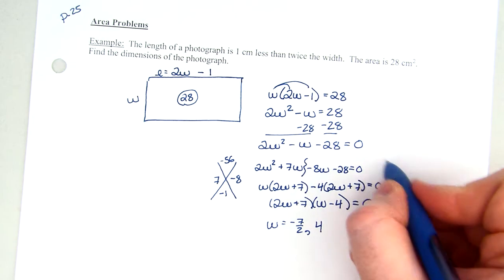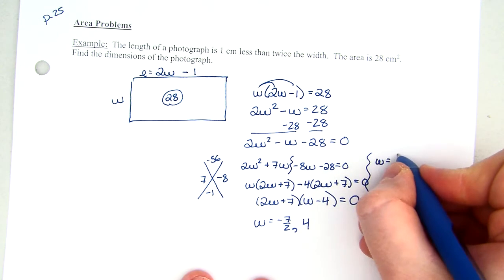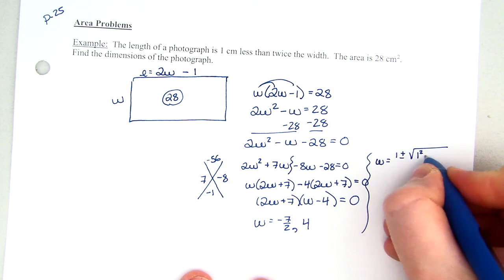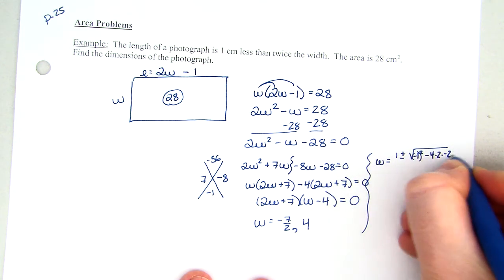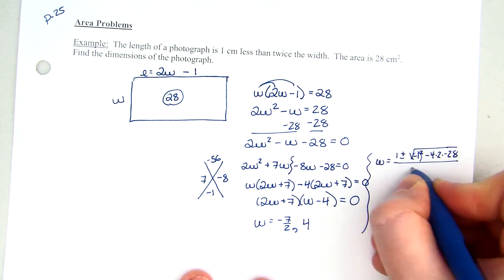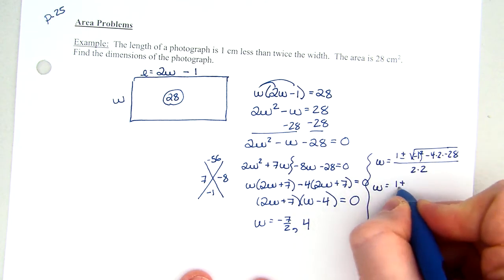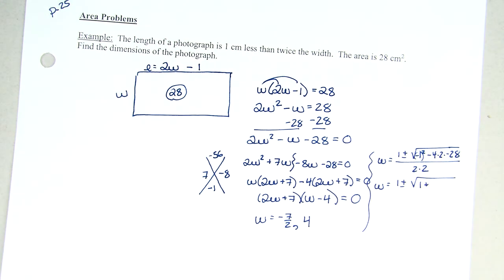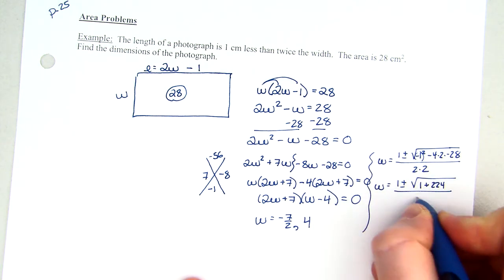If you use the quadratic formula, your work is obviously going to look different. Your work's going to look like w equals -b, that's 1, plus or minus the square root of b squared, -1 squared, minus 4 times 2 times -28, all over 2a, all over 2 times 2. That's 1 plus or minus the square root of 1 plus 224, over 4.